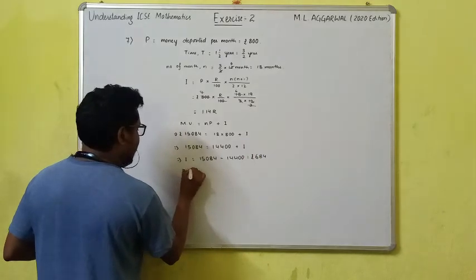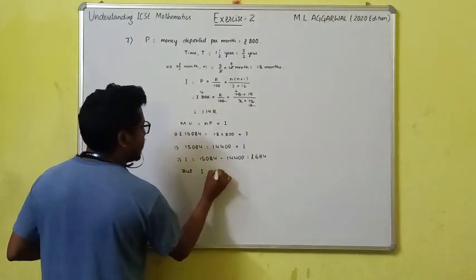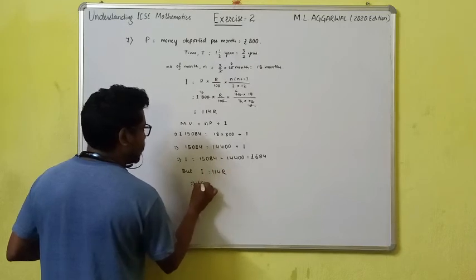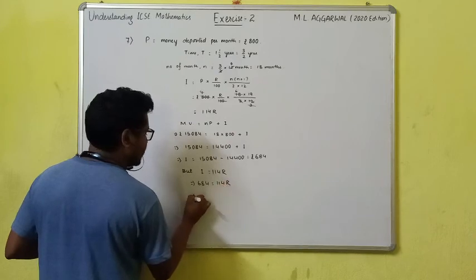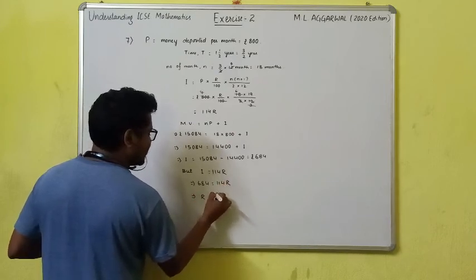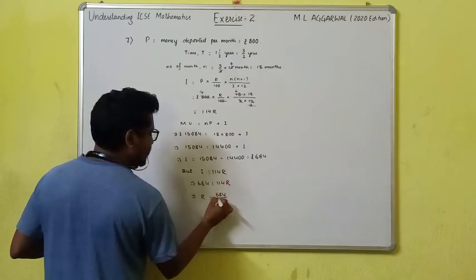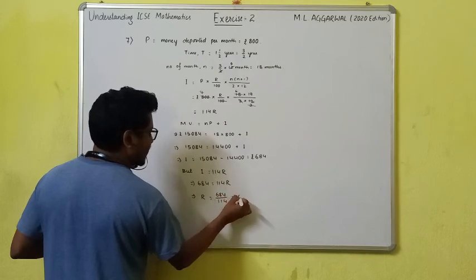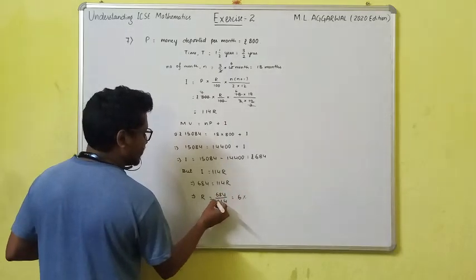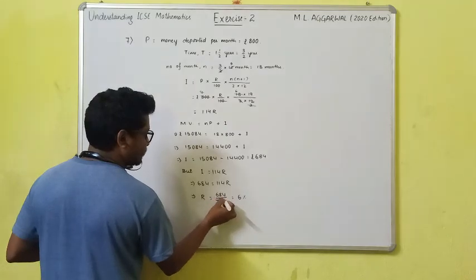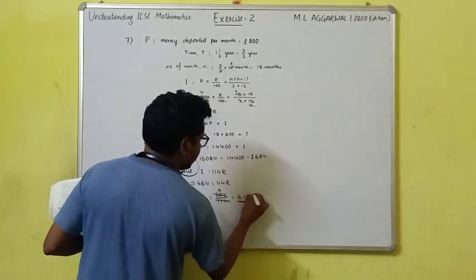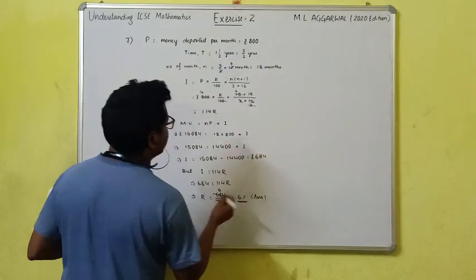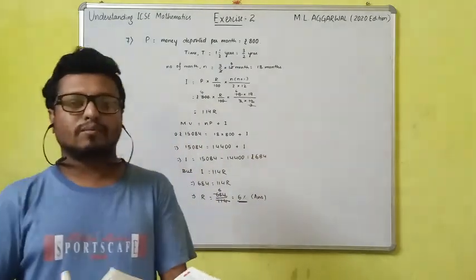But I is equal to 114 R. So 684 is equal to 114 R. So R is equal to 684 by 114. If you cancel these two, you will get 6%. So 6% is your answer. So in this way you can solve question number 7.